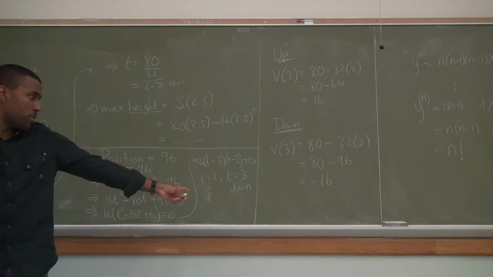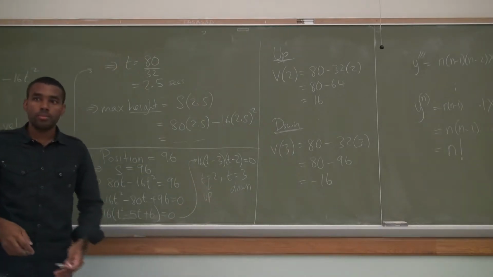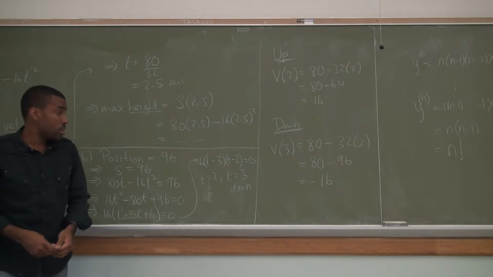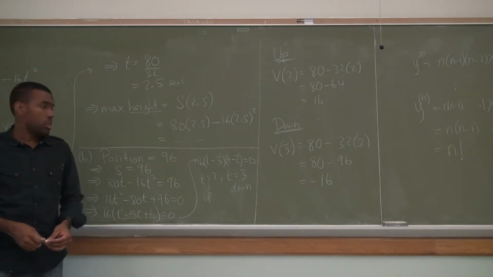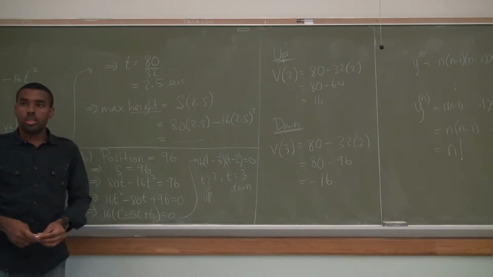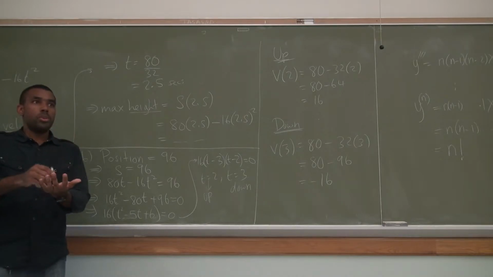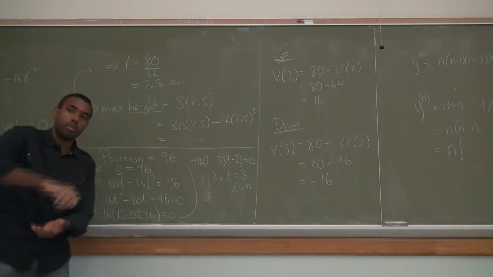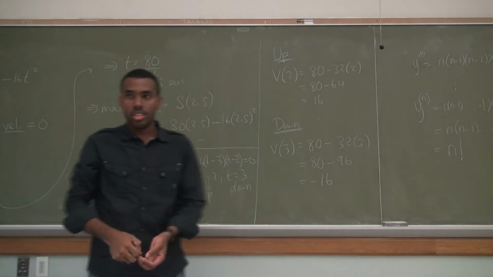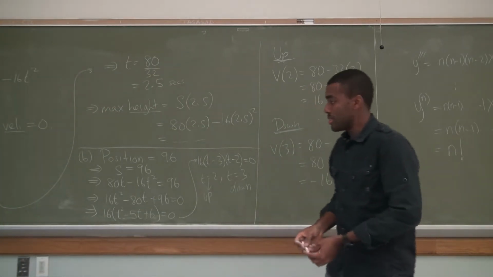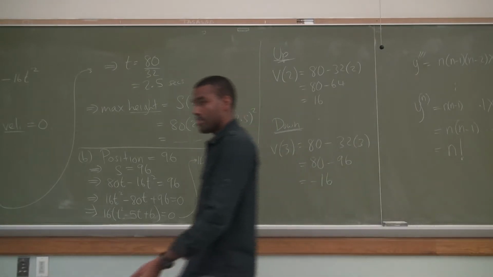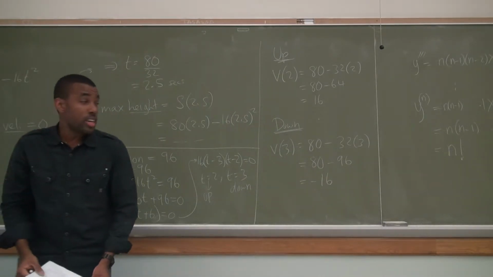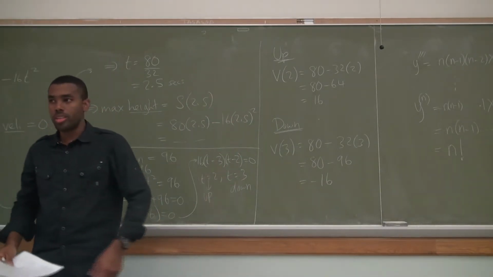So if one of these is up, it has to be the earlier time. At 2 seconds, it's on its way up. But by the time it gets to 3 seconds, it's on the way down. How do you know it takes 2 seconds or 3 seconds? You can actually calculate how long the whole thing takes.